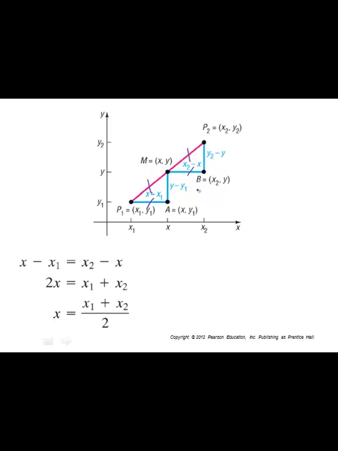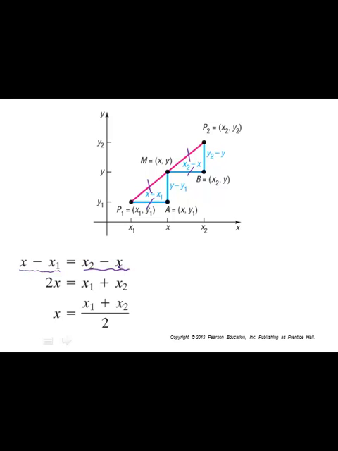So that means that x minus x sub 1, which is what we're saying here, is the same as x sub 2 minus x, which is this right here. So what does x have to be in order to satisfy this equation? Well, we know how to solve algebraic equations. x sub 1 and x sub 2 are two fixed numbers, and x is our variable.